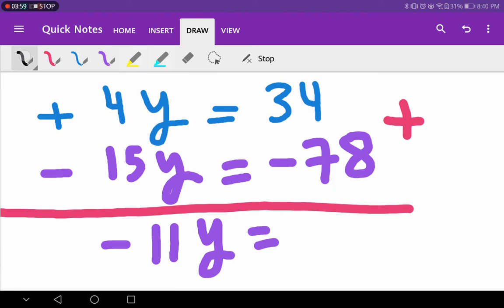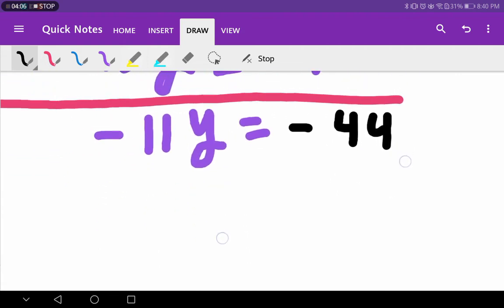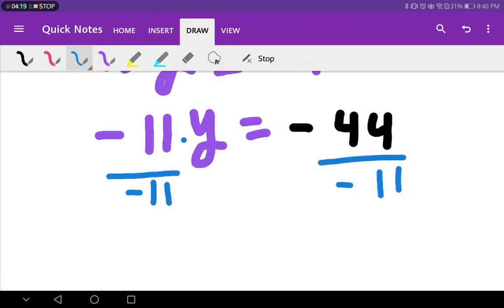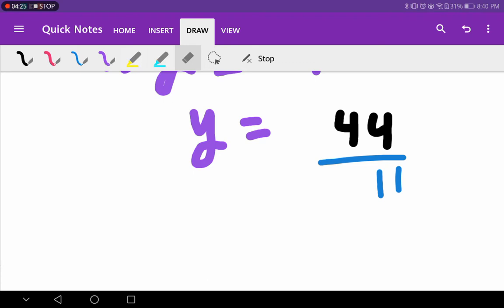Yes, thank you, it is -44, and I will be happy if you divide by -11. Don't subtract, be careful, because it is multiplication, so you need to divide. Here -11, so this will disappear, all cancelled, and the minus. And 44 divided by 11 is equal to 4.